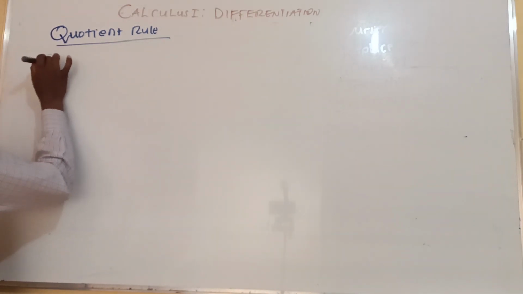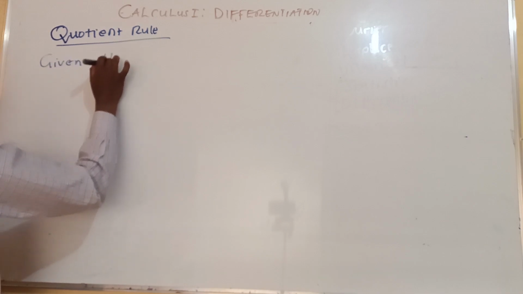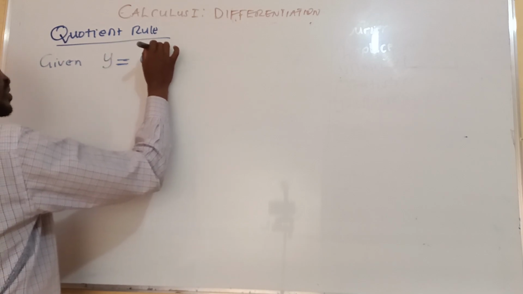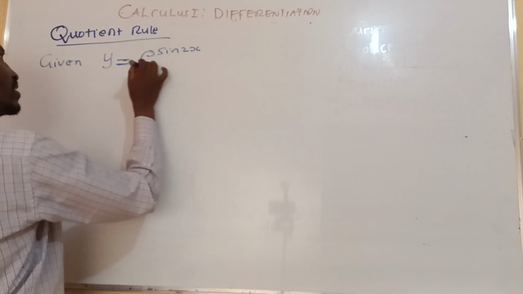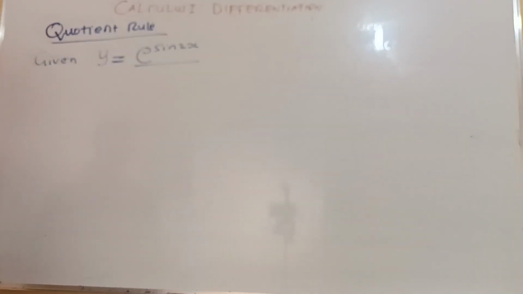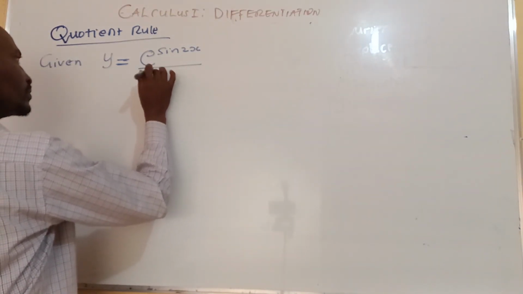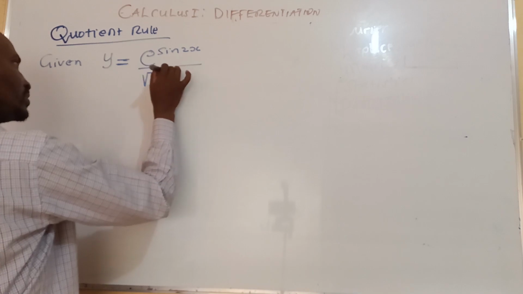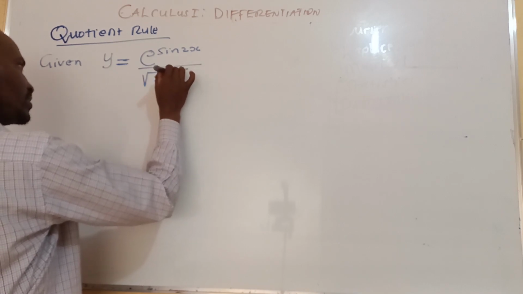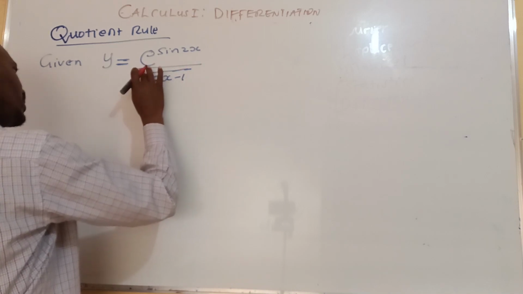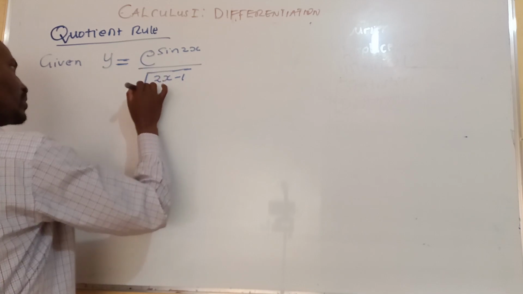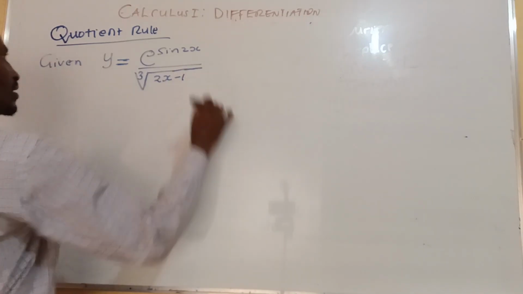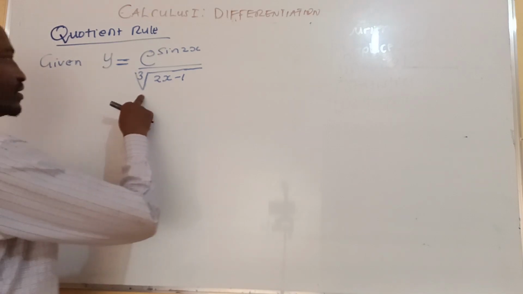Let us say given y is equal to exponential sin 2x all over the root of 2x minus 1.